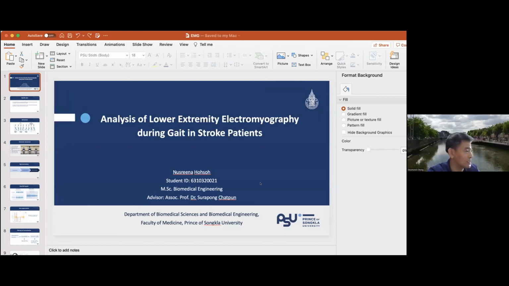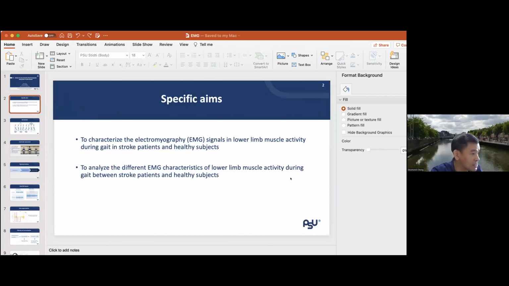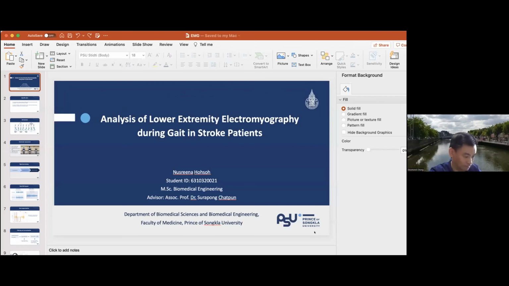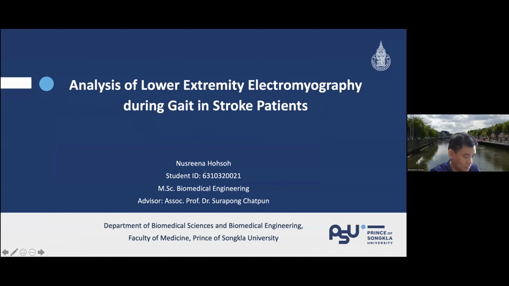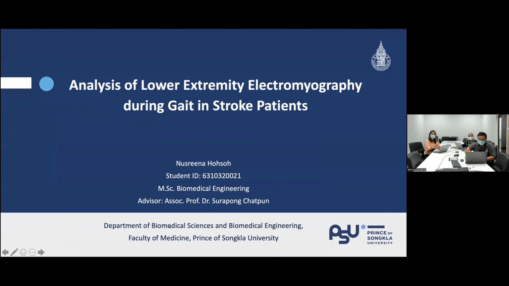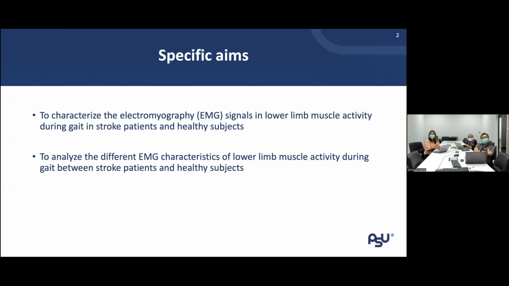Yes. So Nu, you can share your results. My work is about the EMG on the lower limb. I will compare the characteristics of EMG between stroke and normal subjects.